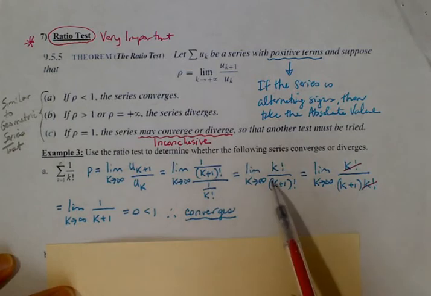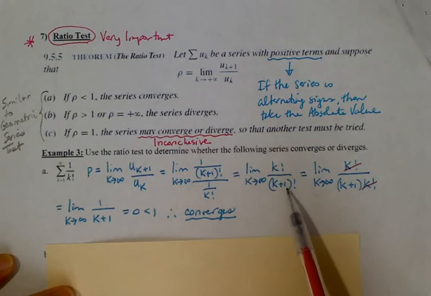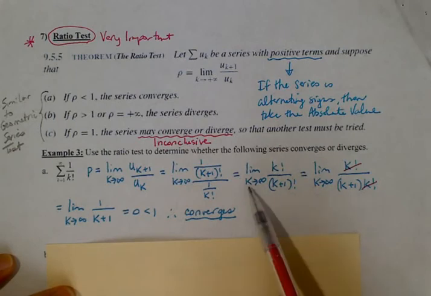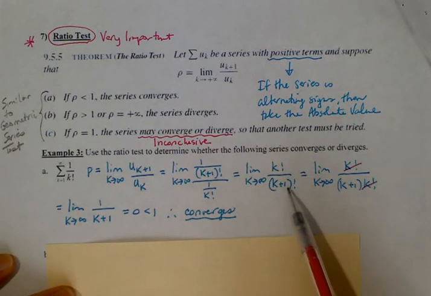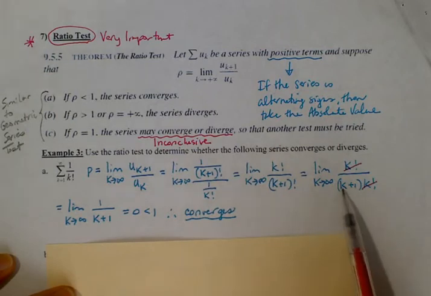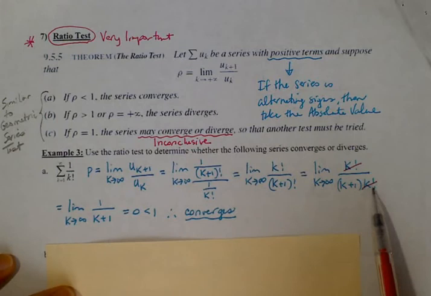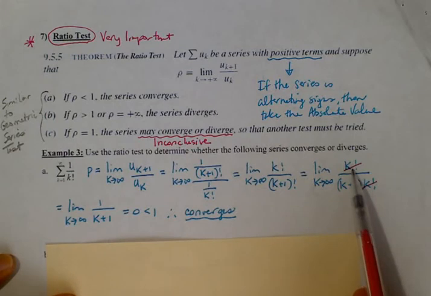So then simplify that, and I get the limit of k factorial over (k plus 1) factorial as k goes to infinity. And then I'm going to rewrite the (k plus 1) factorial in the denominator as (k plus 1) times k factorial, and then up in the numerator is a k factorial.